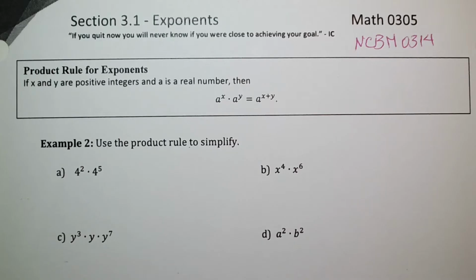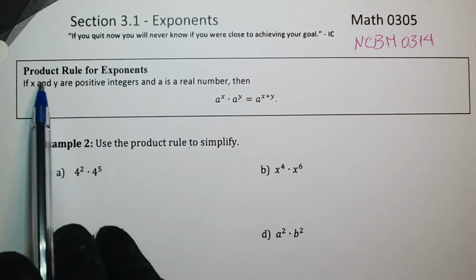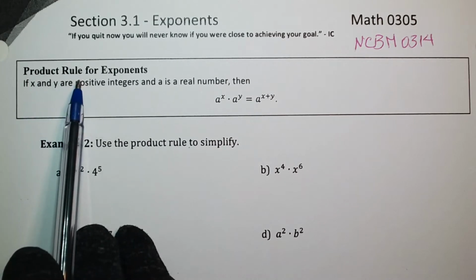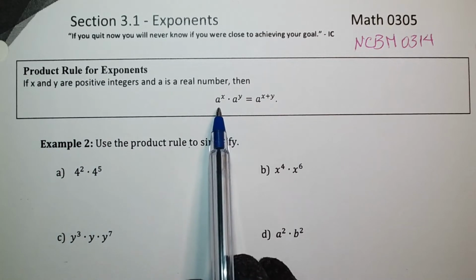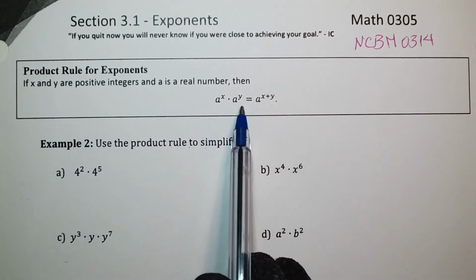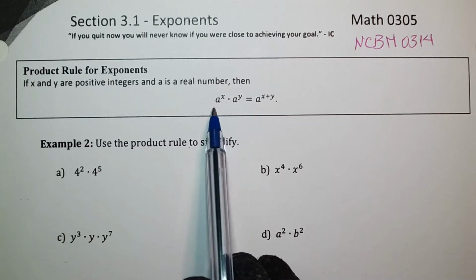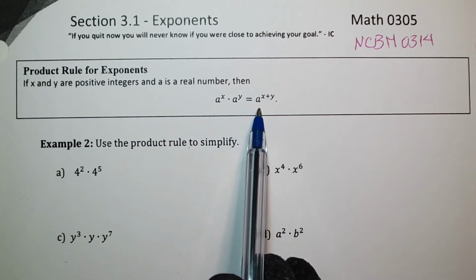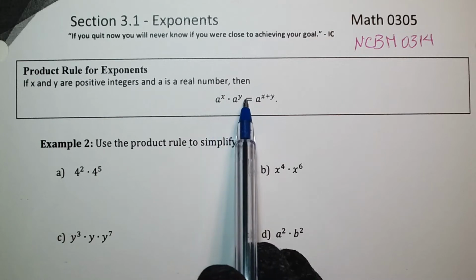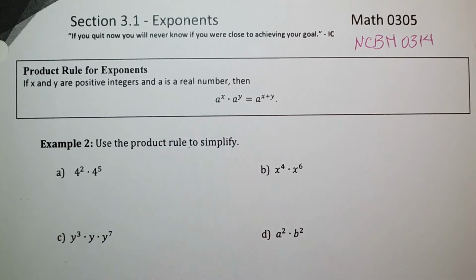To simplify exponential expressions, we need to know some rules. One of the rules is the product rule for exponents. If we multiply two exponential expressions with the same base, then we keep the base and we add the powers or exponents together.